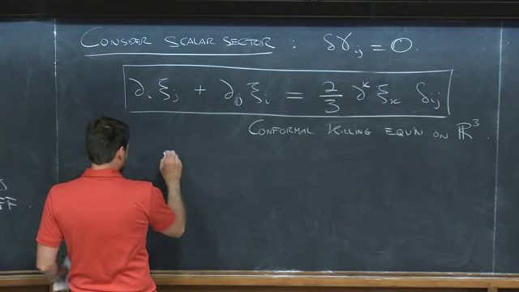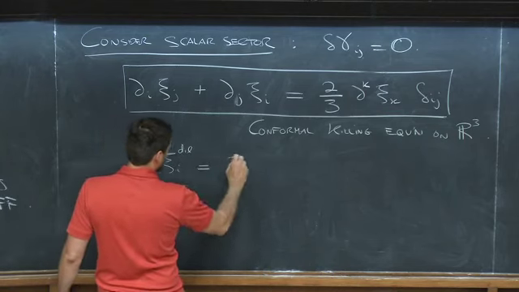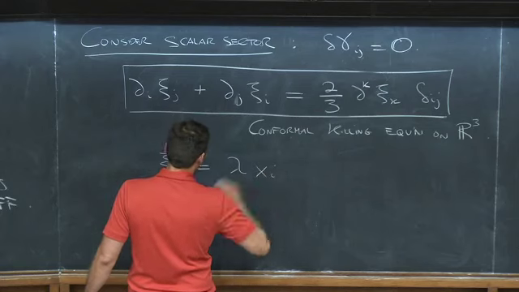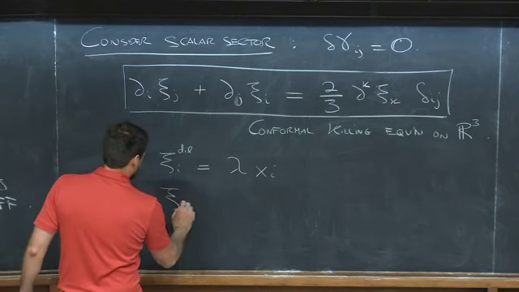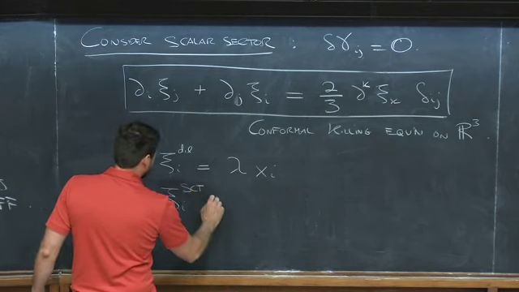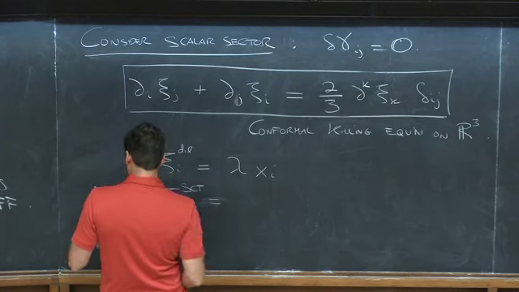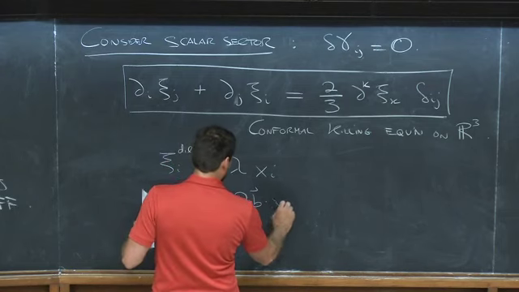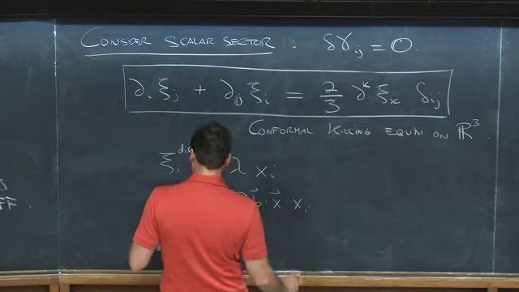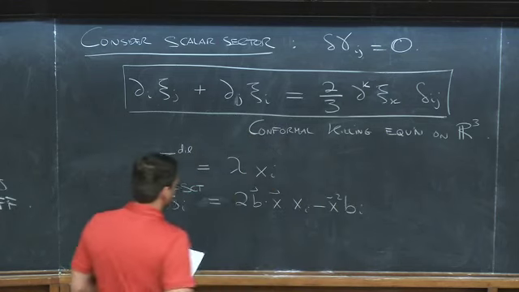Okay, so let's write them down. So we have for dilation, this guy is just a rescaling by lambda, and the special conformal transformation is the following thing. So this is the infinitesimal diff, just 2b dot x xi minus x squared bi.